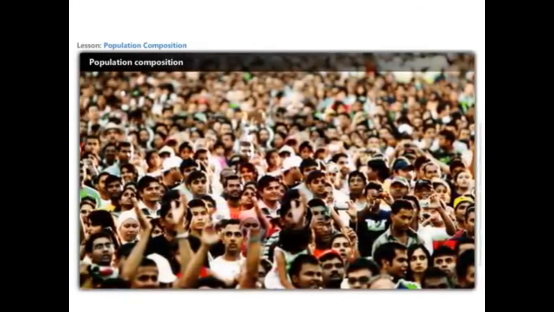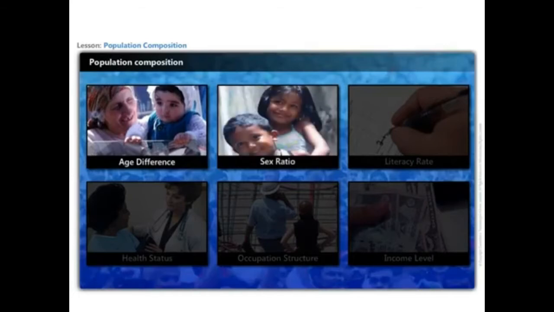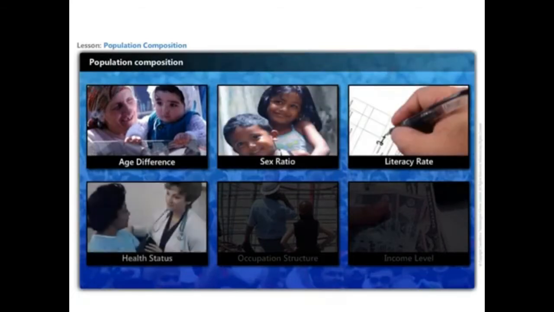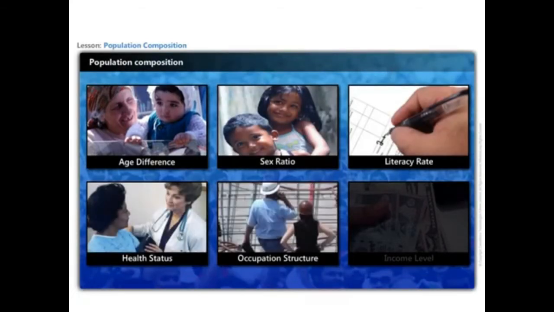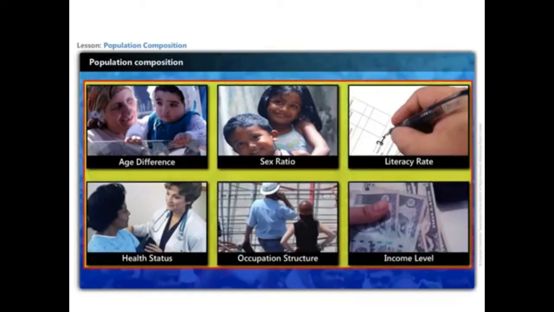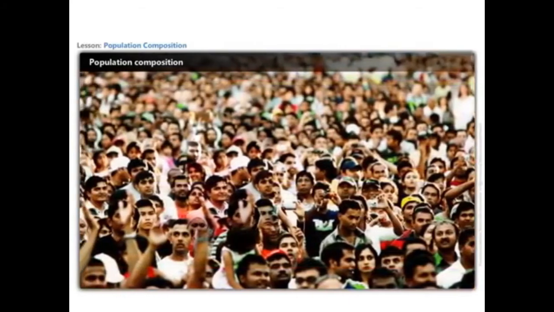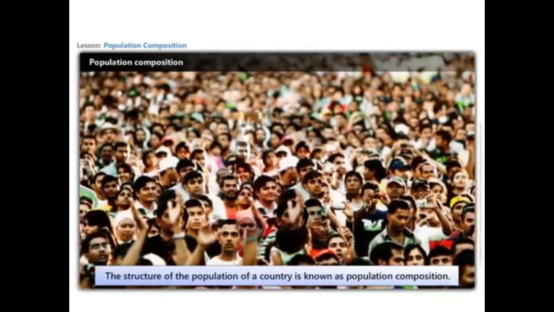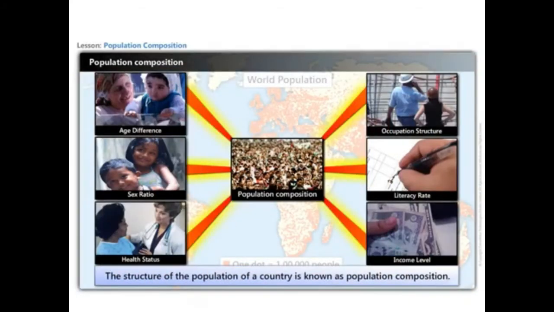People vary greatly in their age, sex, literacy level, health condition, occupation, and income level. These characteristics of the people indicate the structure of population. The complete structure of the population of a country is known as population composition.